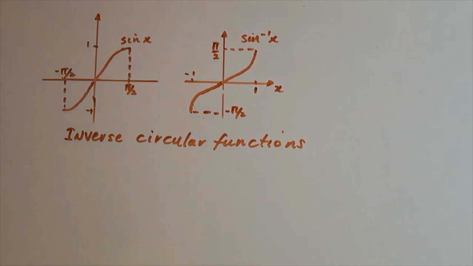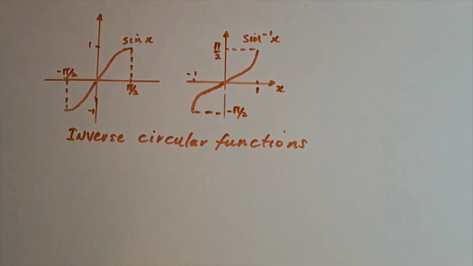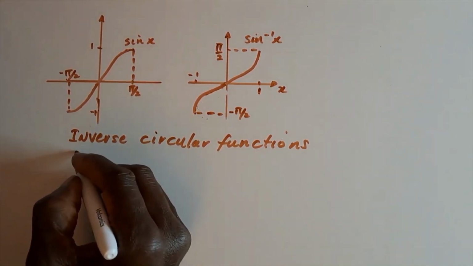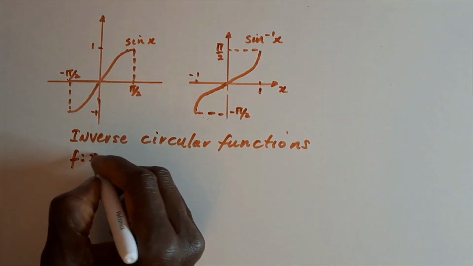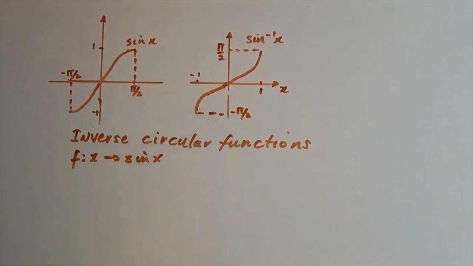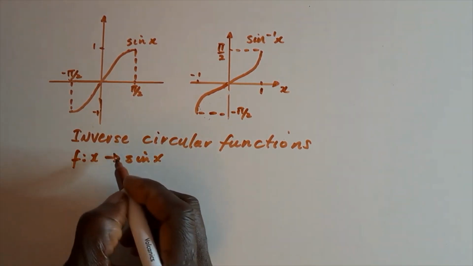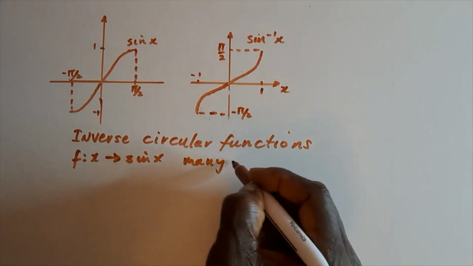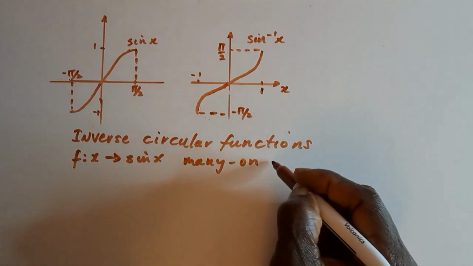Hi, today's videos are about inverse circular functions, and we'll start with sine x. So we have the function x, which is mapped to sine x. But if we were to map x to sine x, that will be a many-one mapping.